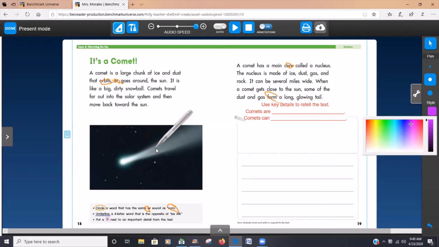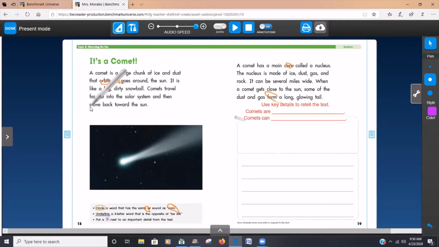That's opposite. So what's the opposite to be still? And it's a 4-letter word. Is it on page 18 or page 19? It's on page 18, and I underline the word move. That's the opposite of being still.